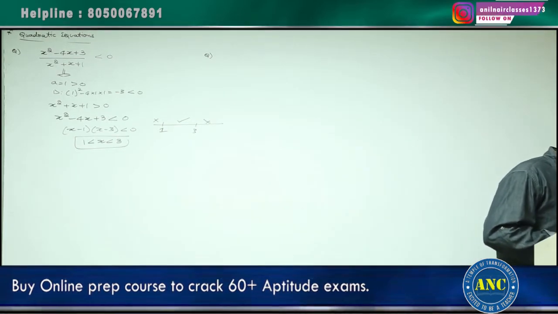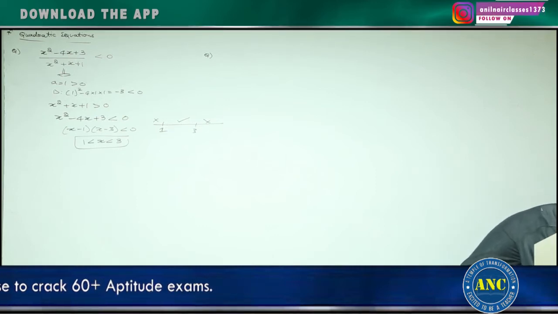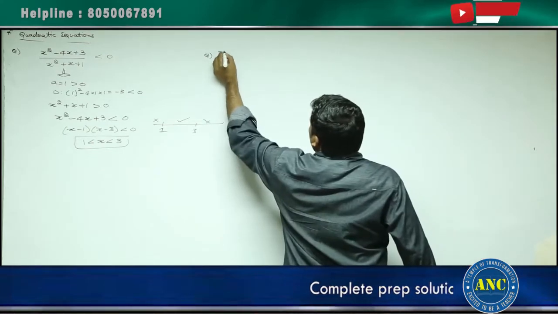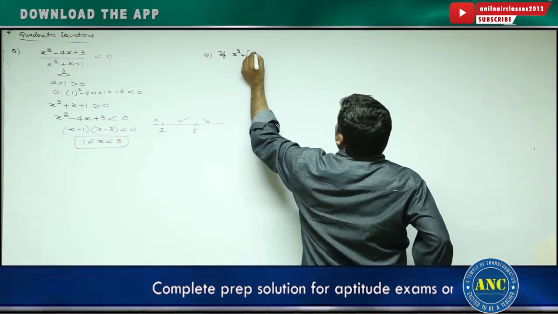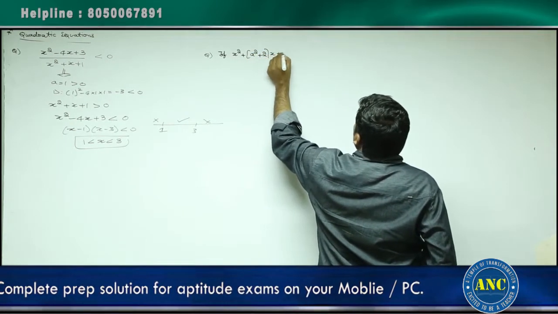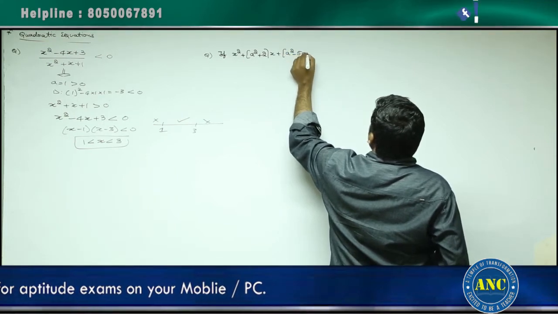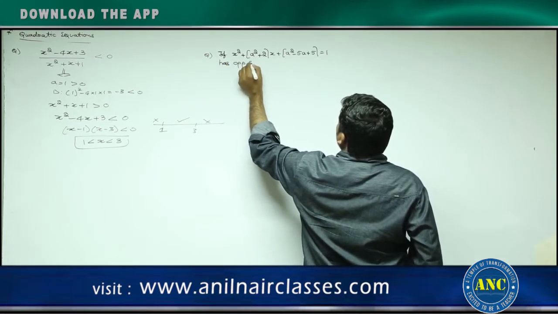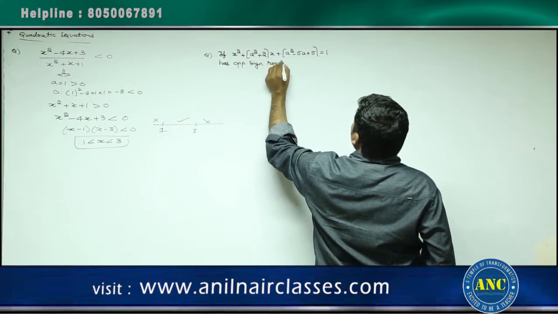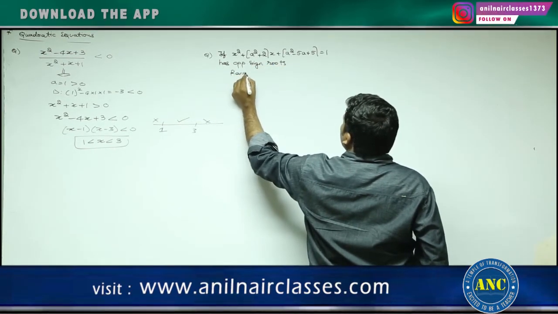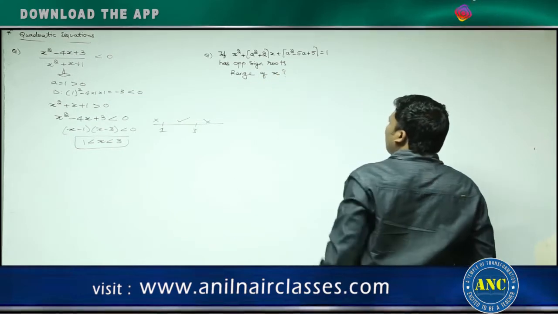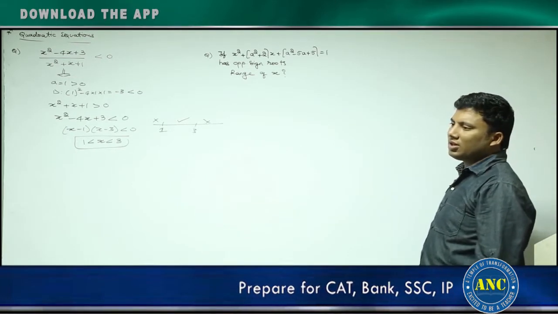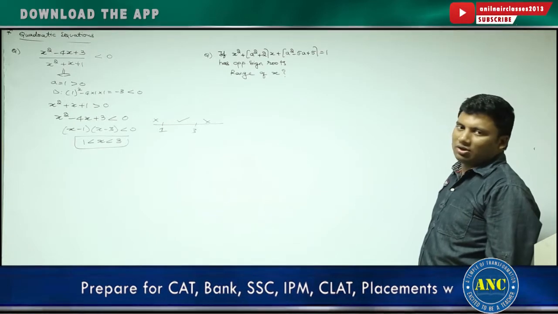If x square plus (a square plus 2) into x plus a square minus 5a plus 5 equivalent to 1 has opposite sign roots, find the range of a.